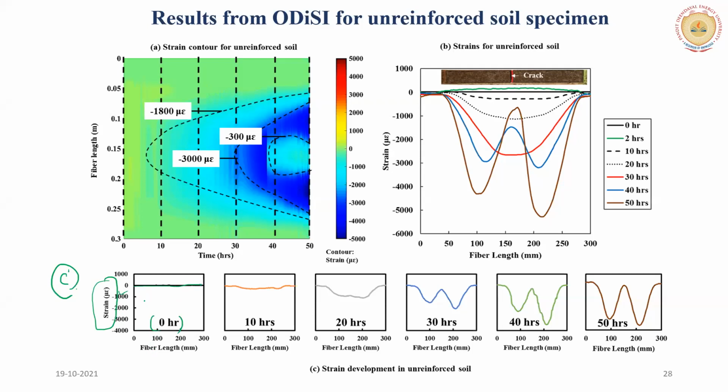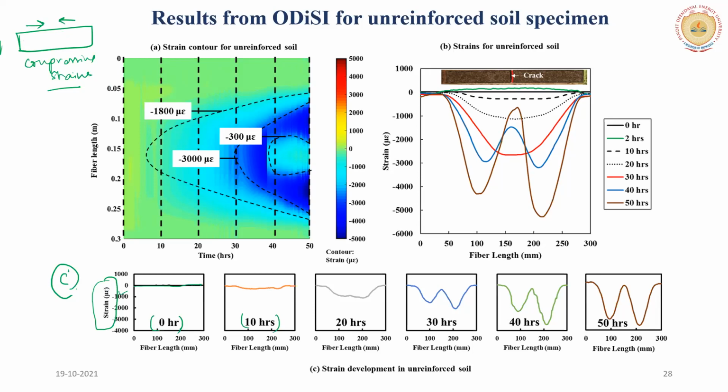Now, slowly after 10 hours, what is happening? There is a loss of moisture from the soil sample, and because of this loss of moisture, there is some shrinkage happening, right? So this is our soil sample, and there is a shrinkage occurring. Because of this shrinkage, there are compressive strains developing in the soil.